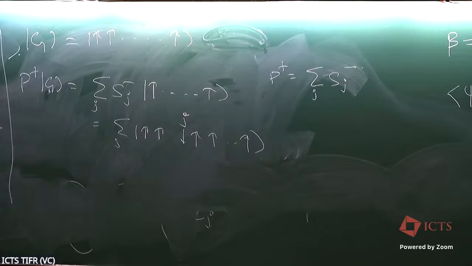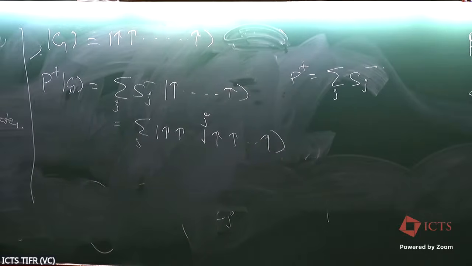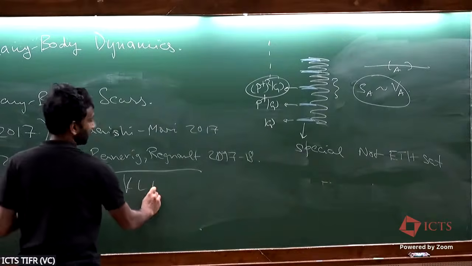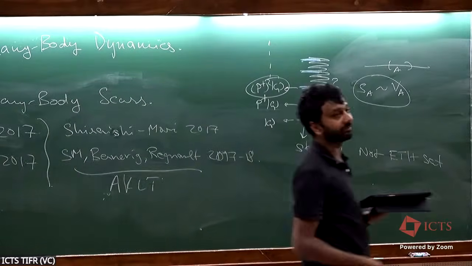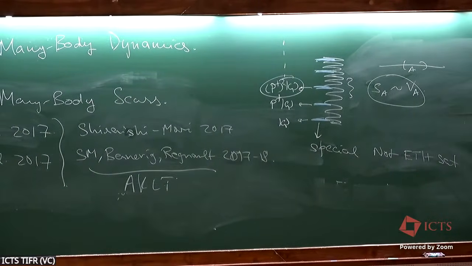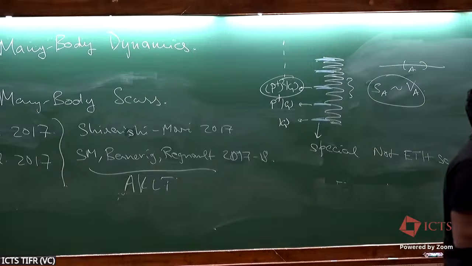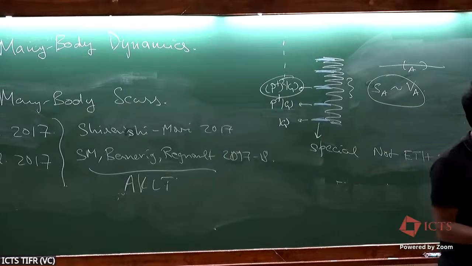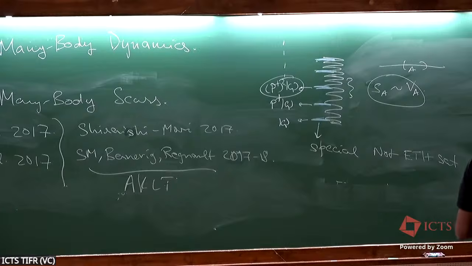So this paper introduces AKLT, but then later people simplified these models. AKLT is not as simple to explain in the talk, but there are simpler versions of these scars which have the same phenomenology, which people discovered. And I should also refer to some review articles, maybe.